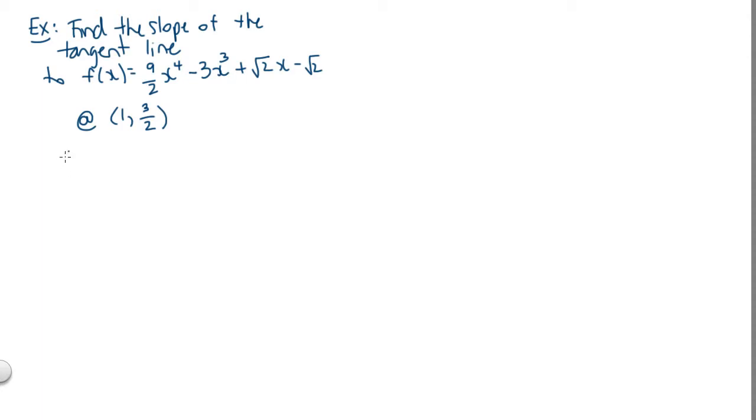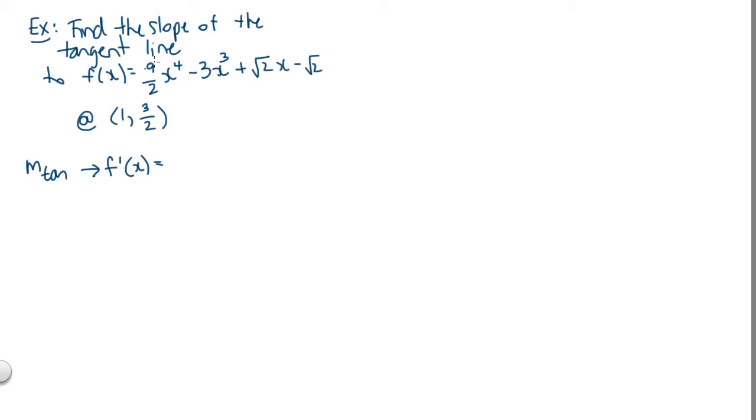So first step is to remember how to find the slope of the tangent line. Okay, so remember that slope of the tangent line is represented by the derivative. So this is a derivative problem. So here's the formula for the slope of the tangent line, and we're going to go through and use all our rules now to find this derivative.